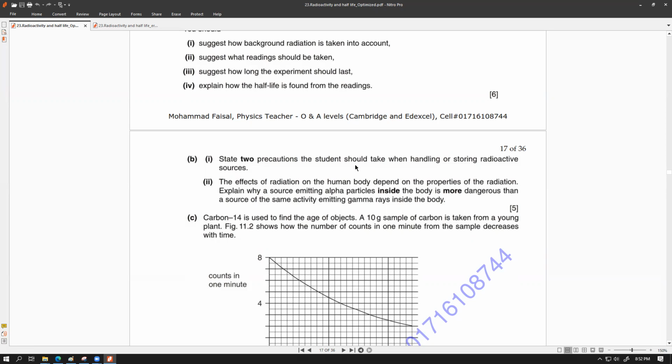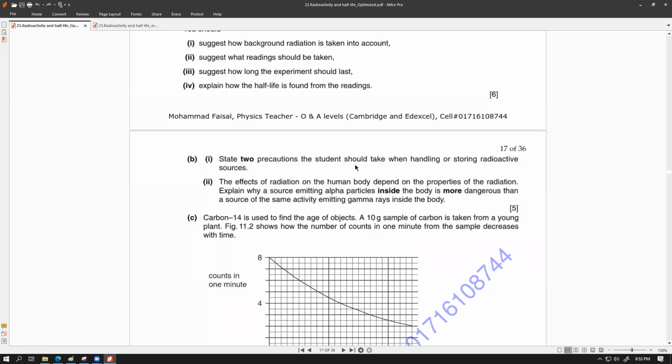Whereas gamma radiation can penetrate through the human body very easily, and because it has less ionizing power, it ionizes a small number of particles over a large distance. So the concentration is pretty low, and the probability of tumor or cancer growth is also significantly lower. I'm talking about the concentration of the ionized location. I'm adding one more point about the concentration of the region in which the ionization occurs. Do you all understand this part?